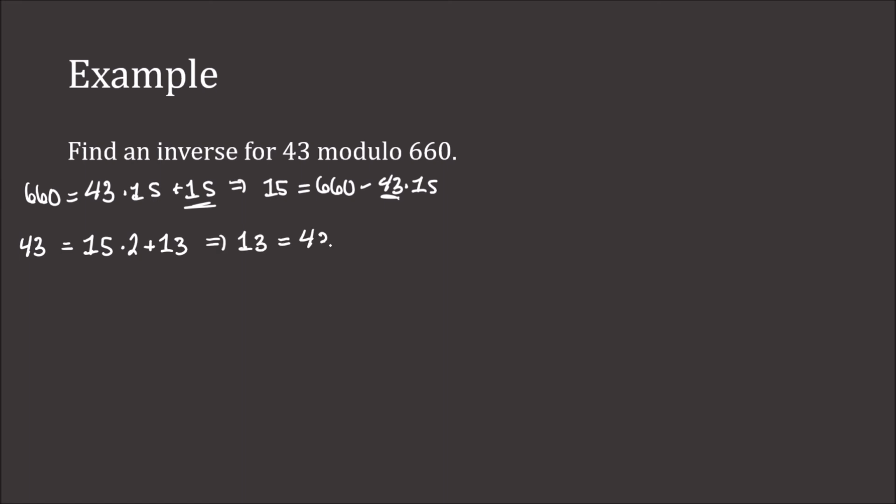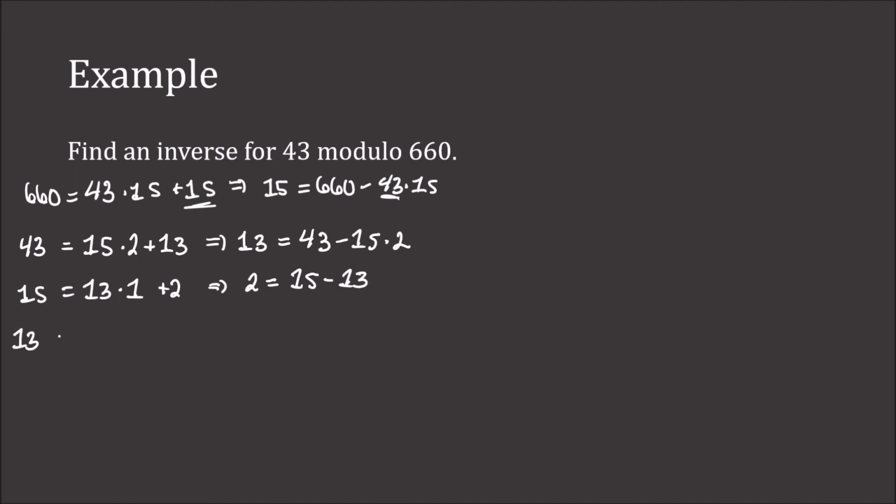So this is 43 minus 15 times 2. Now we want to write 15 using the quotient remainder theorem when divided by 13. So this will be 13 times 1 plus 2. So 2 would equal 15 minus 13.